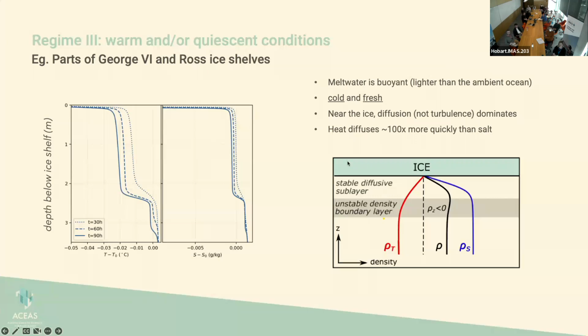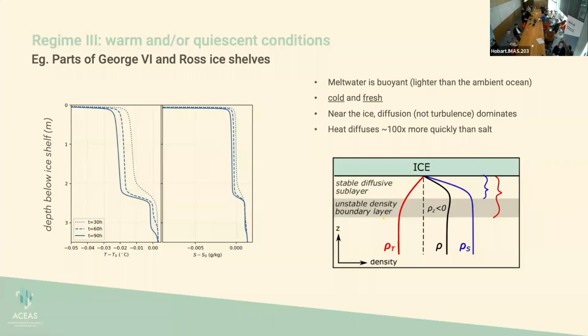So what that means is if we have our ice up here and we do some melting, we have a situation where we're growing these diffusive boundary layers, so more boundary layers within our overall boundary layer. And we have one for salt, which is not growing very quickly, and then we have one for heat, which is growing much more quickly. And so in this scenario, we have cold above warm.